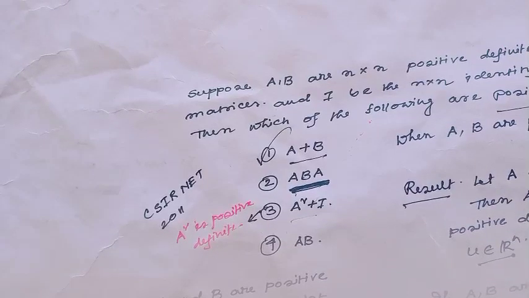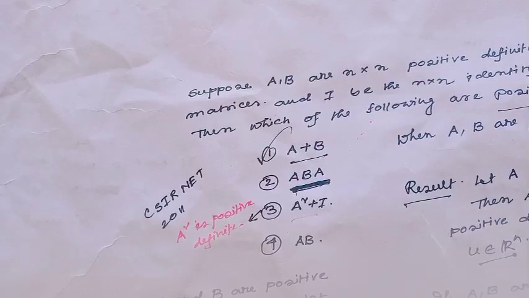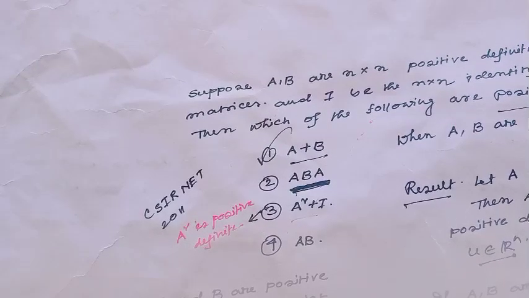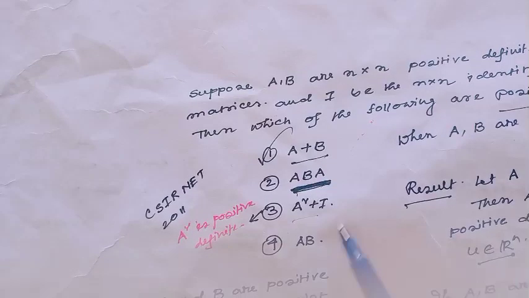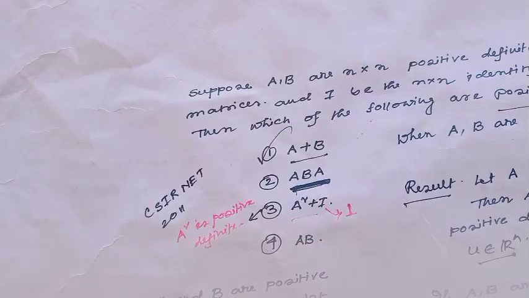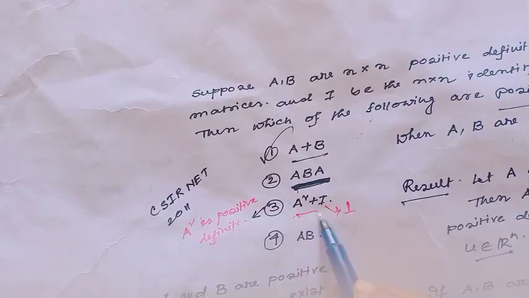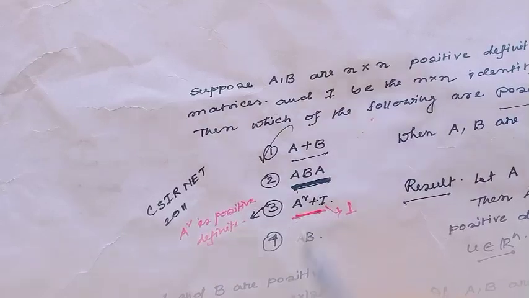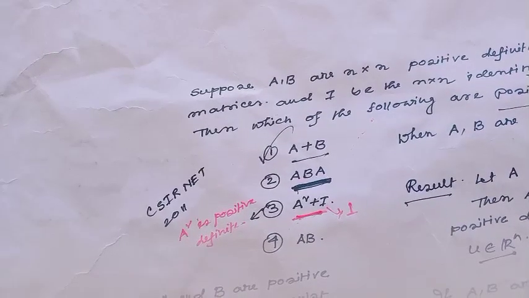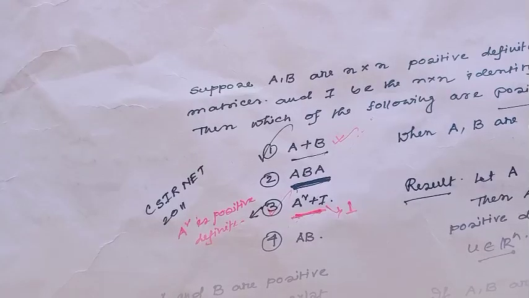So in A square all eigenvalues would always be positive. And the eigenvalue of I is 1. So for their sum, A square plus identity is positive definite by property 1. So the third option is also a right option.